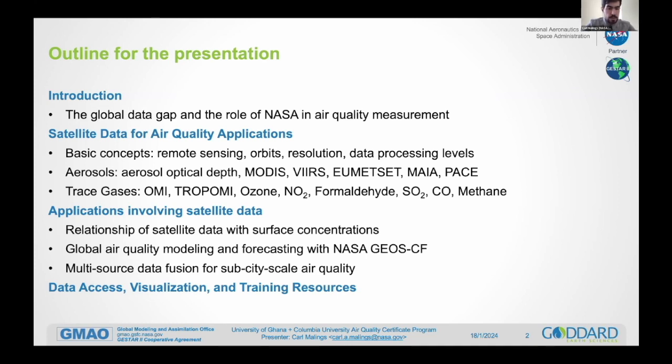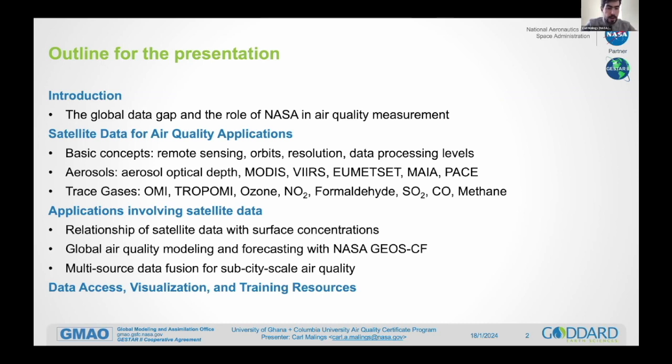I'll then go to general applications where satellite data has been used, talking about the ways of relating what satellites see to what's measured by ground-based observations, which was the topic of the training that you've been attending previously or up to now. I'll talk a little bit about modeling of air quality and the roles that models play, especially in making those connections between the satellite data and the ground-based data.